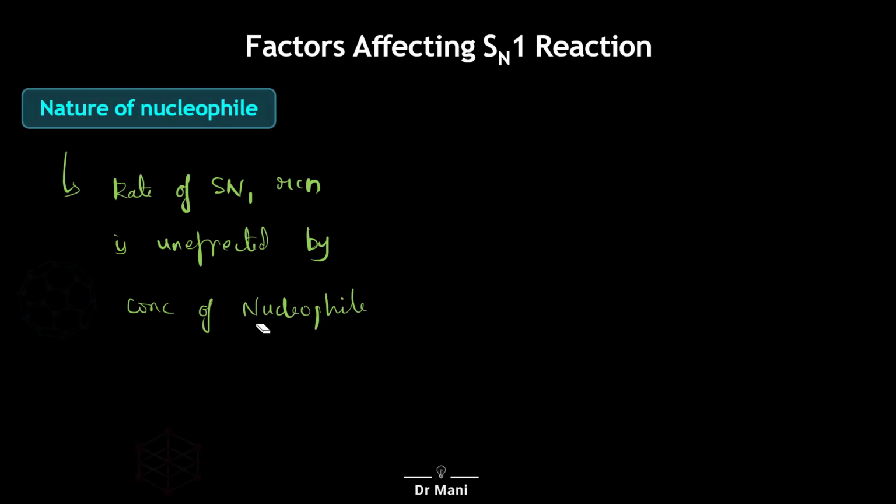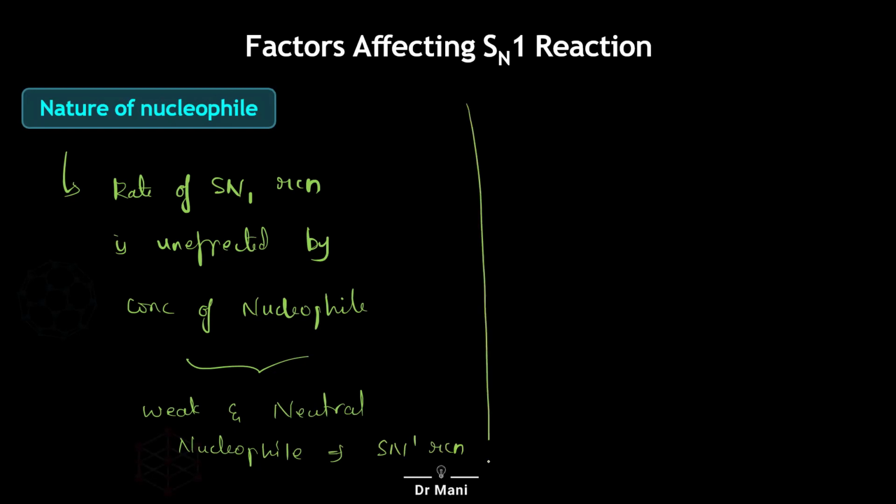It is independent of the concentration of the nucleophile. Here, weak and neutral nucleophiles are favorable for the SN1 reaction, the opposite of SN2, where we saw negatively charged, strong nucleophiles. Remember this: it should be weak and neutral, whereas in SN2 it should be negatively charged. Negatively charged is more reactive than neutral, and a strong nucleophile is favorable for the SN2 reaction.